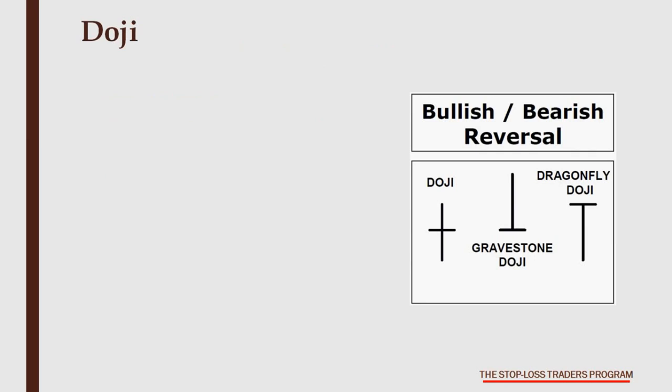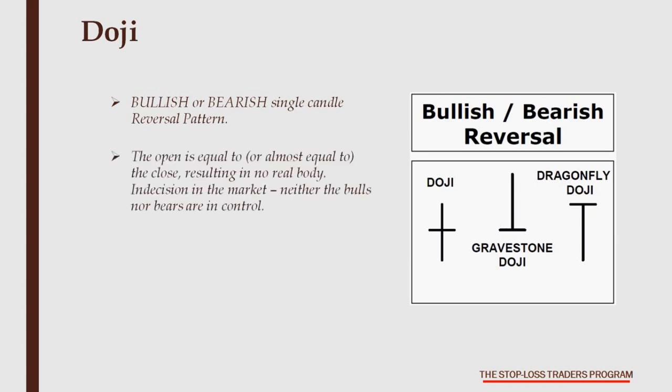Now, all these patterns that we are going to study today, friends, are going to be either bullish reversal or bearish reversal patterns. They are going to be simply reversal patterns as such. All right. So it can be a bullish or a bearish single candle reversal pattern. As you can see in this picture, it appears like this.